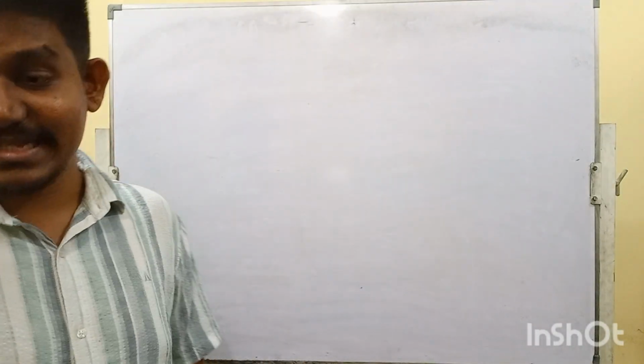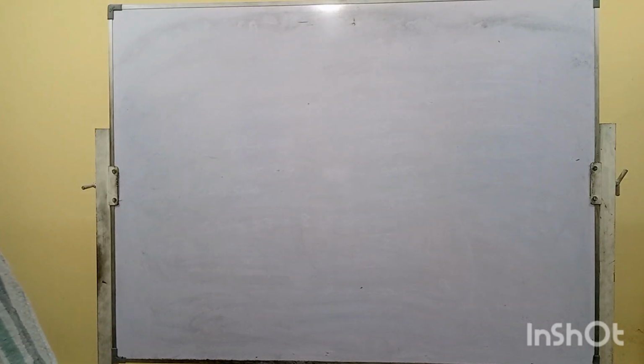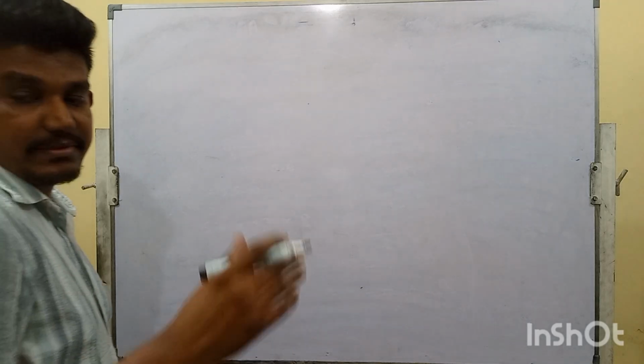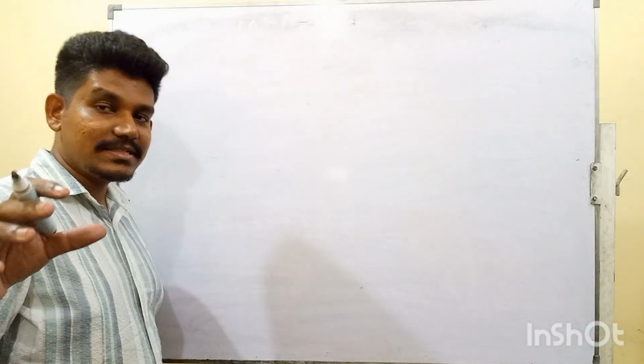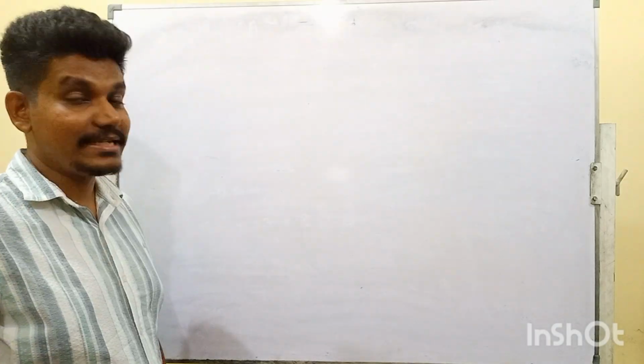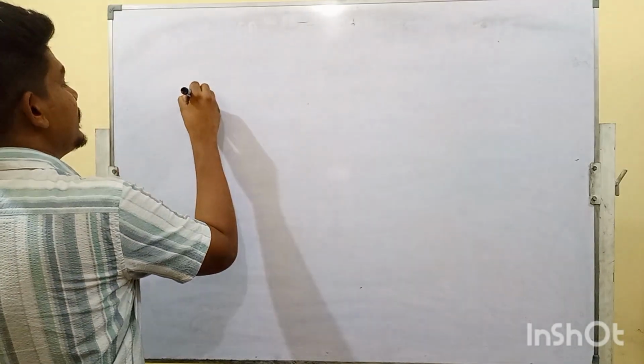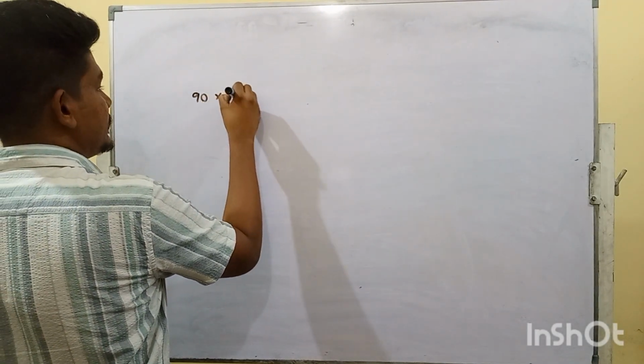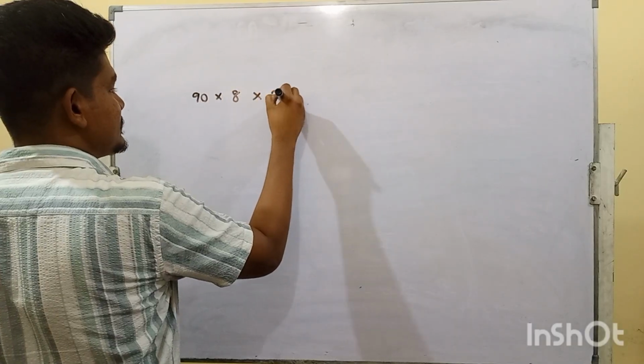Then it says we have to find the profit the producer earns by working 8 hours per day for 25 days. We know from the question that within an hour the producer can earn a profit of 90 rupees. So you have to multiply 90 per hour by 8 hours and 25 days.